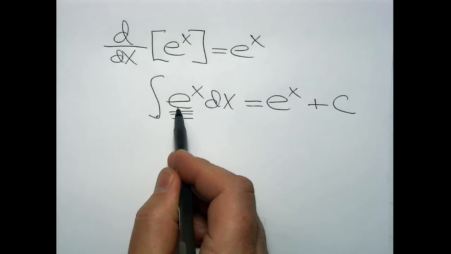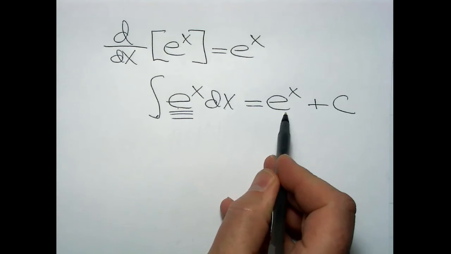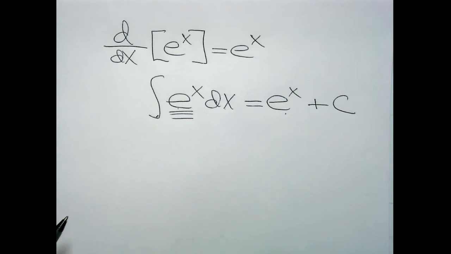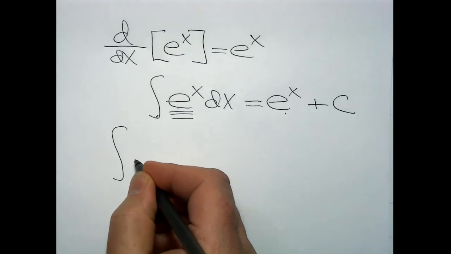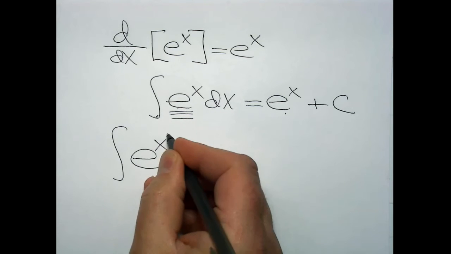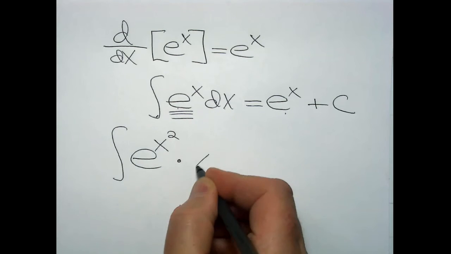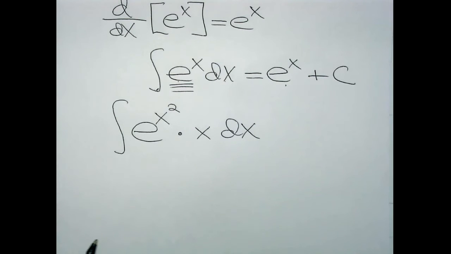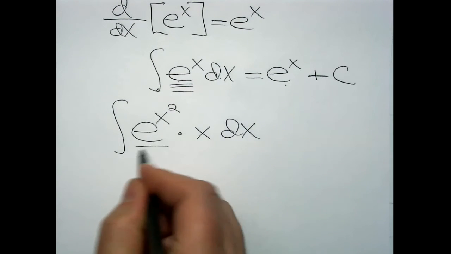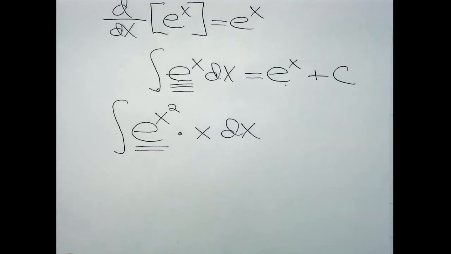But there's a little more to it than that. If this was the only exponential function we had to integrate, well, certainly that's what we would get. But what would happen if I integrated e to the x squared, let's say times x? What would I do? Well, I need you to remember integration by substitution.